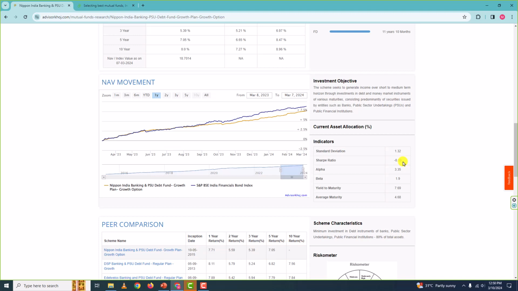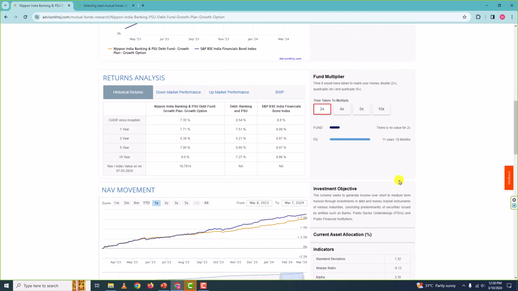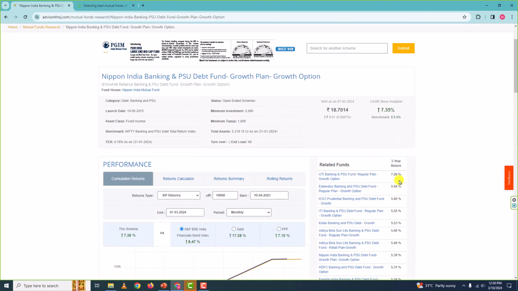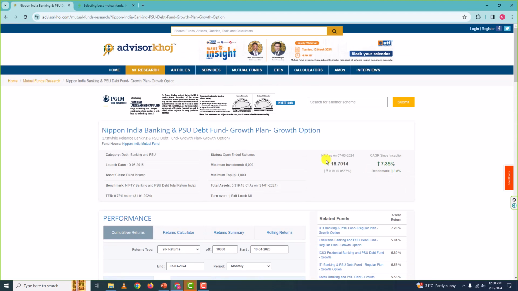Risk-free returns here in this case is government bonds. So this negative Sharpe ratio is telling us that it is giving lesser returns than risk-free returns. Okay. And looking at only this, you cannot conclude anything, because there are many other things that you have to check too. Alright? Yes, so that is about the risk parameters.